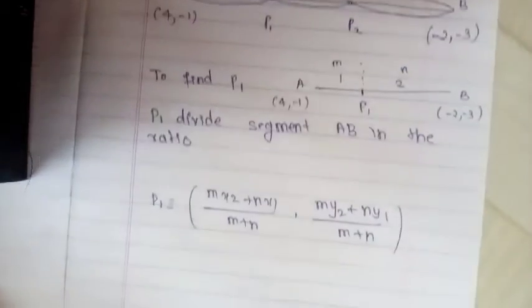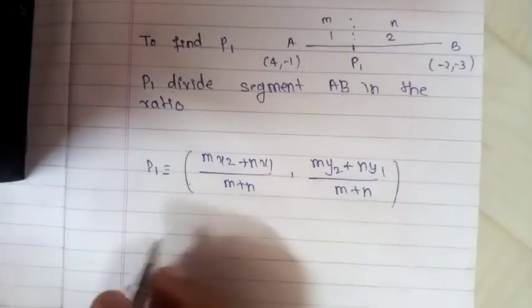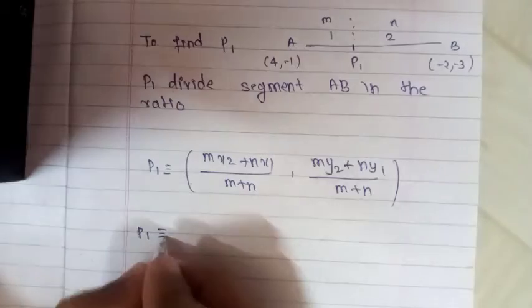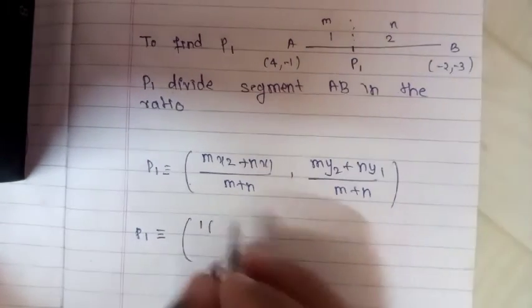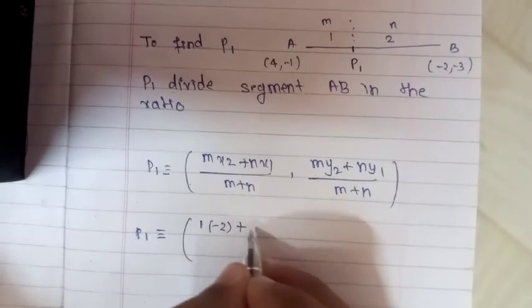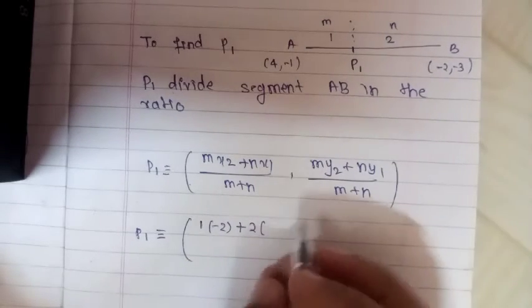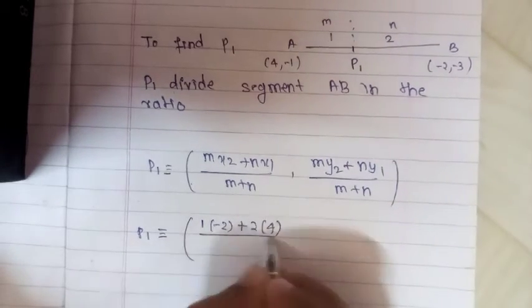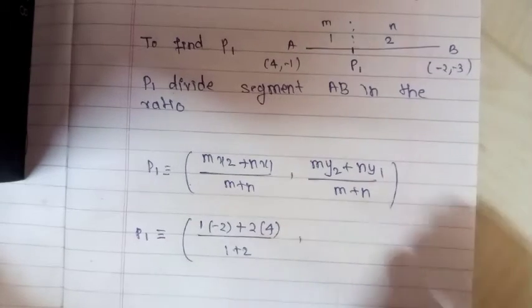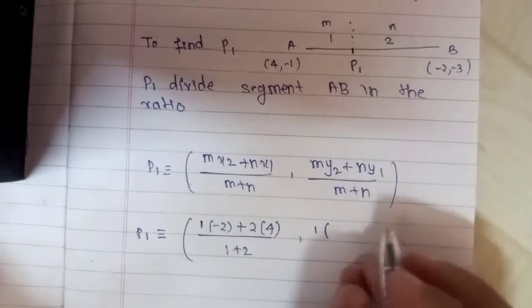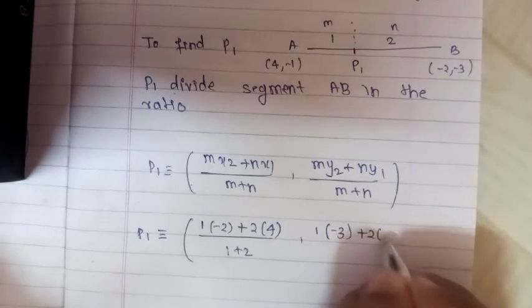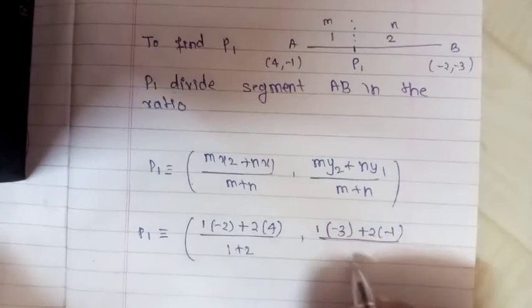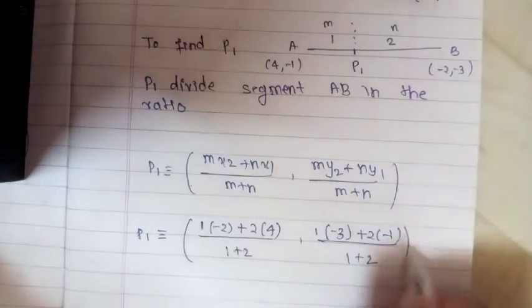Okay, so we will substitute these values. The P1 coordinate is equal to m is 1, x2 is minus 2 plus 2 into x1 which is 4, upon 1 plus 2, comma, 1 into minus 3 plus 2 into minus 1, upon 1 plus 2.